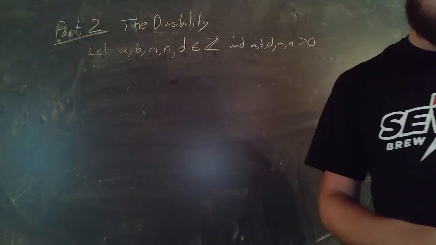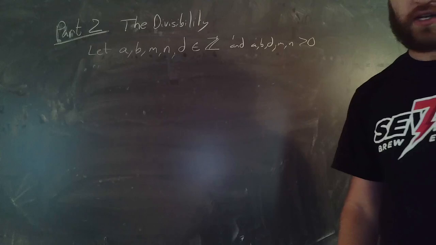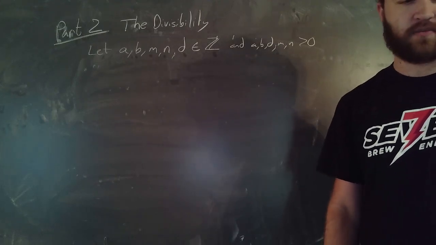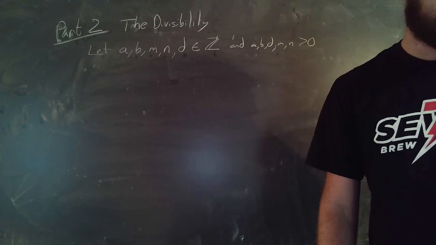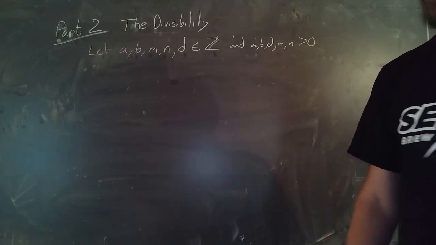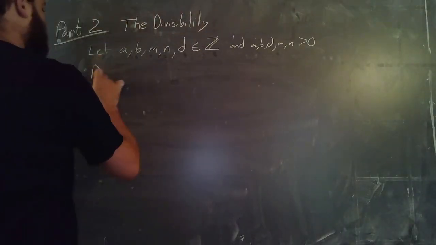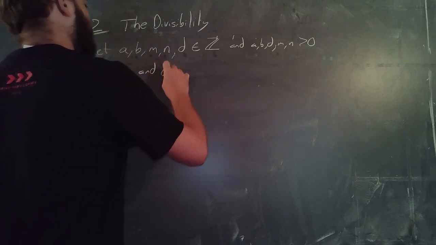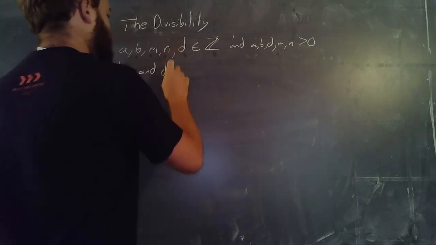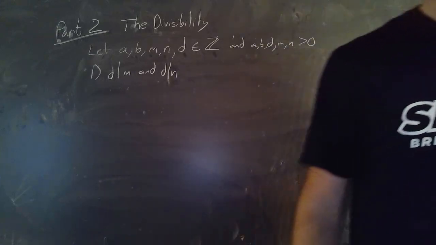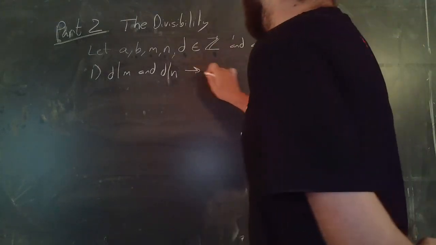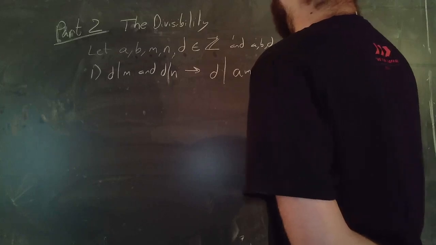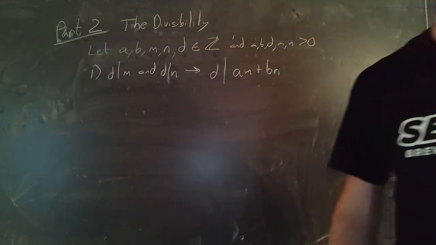Then there are 4 statements that we can construct, 2 of which are given with proof and 2 of which I will omit the proof because I think it should be fairly obvious why this is the case. The first one says, if d divides m and d divides n, then d will divide am plus bn.